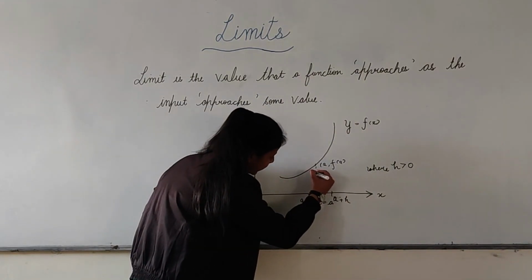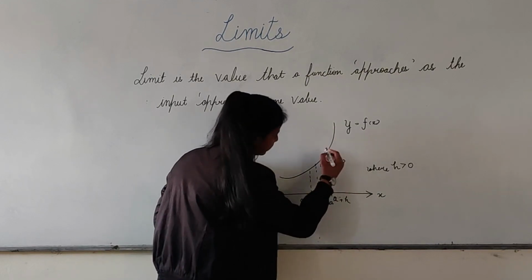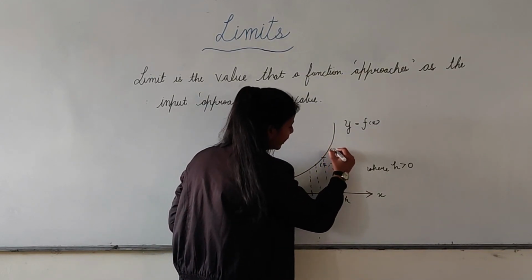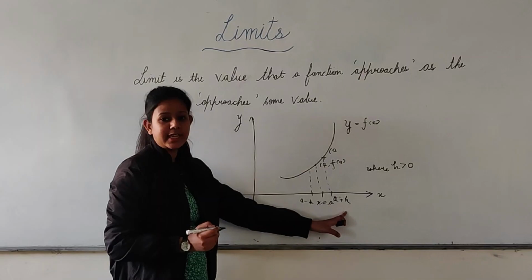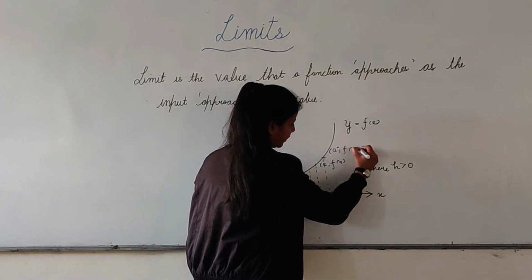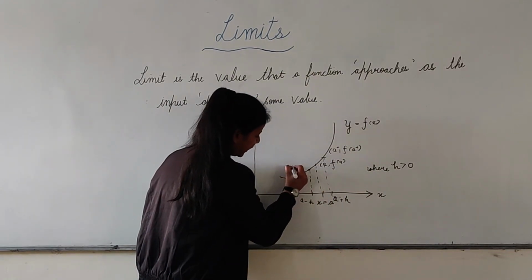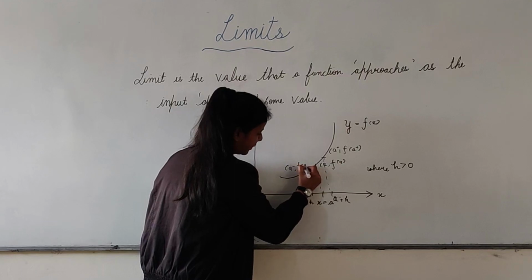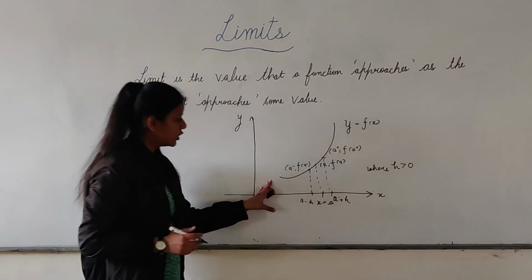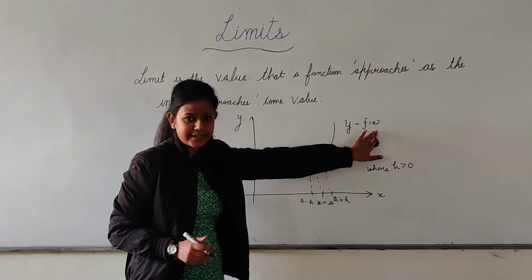Now let's check the value of y. We can write a plus h as a plus, and here we have the point a minus, f(a minus). So we will study the neighborhood of x equals to a.